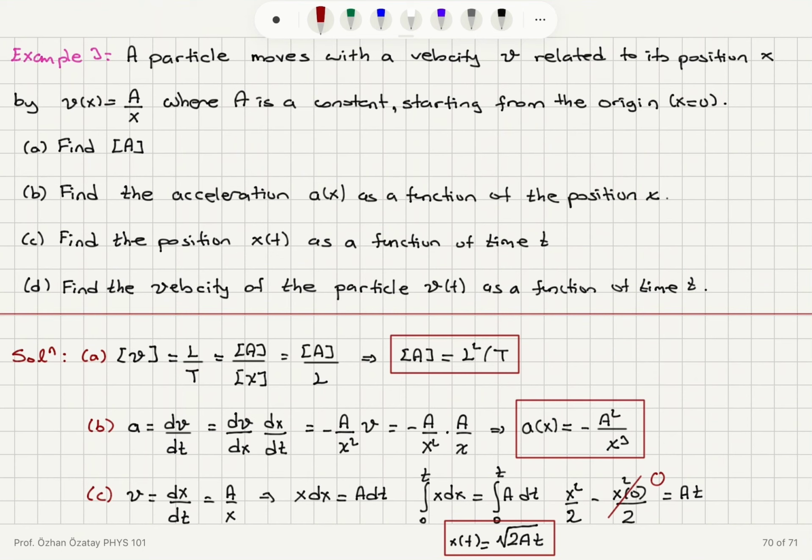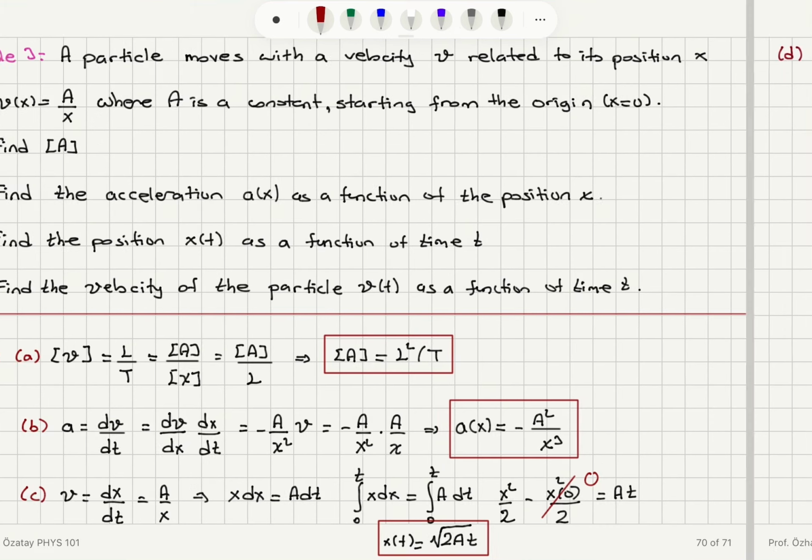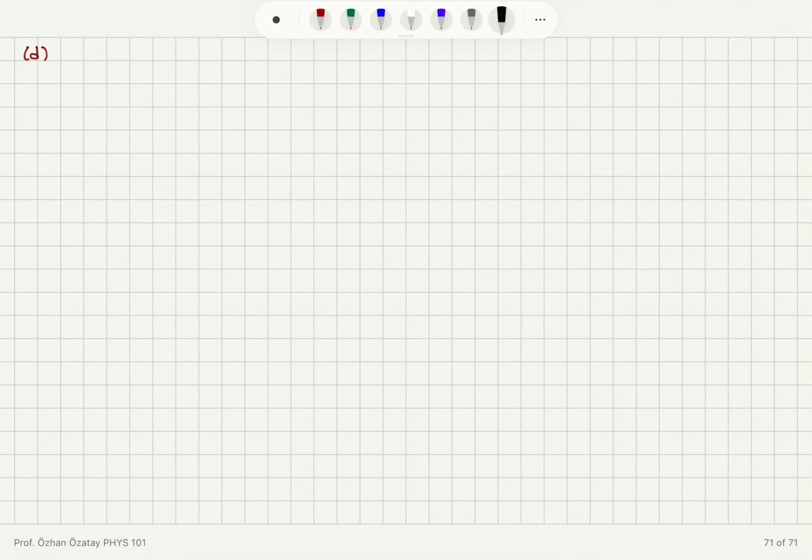Finally, I want to know velocity as a function of time. So I just take another derivative of the position.